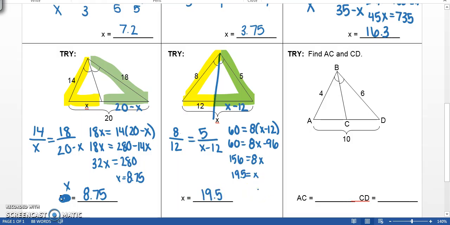So in doing this problem, you should get 19.5 as that final answer for the measure of x.